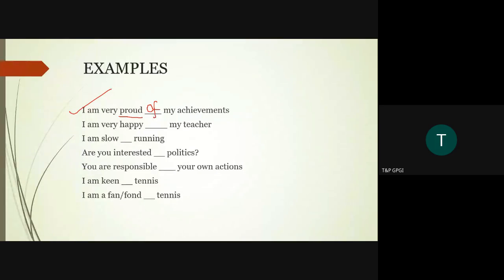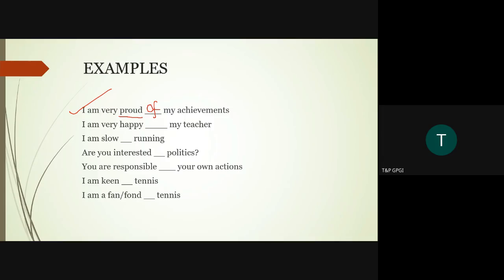So "of" is a preposition, whereas afraid is an adjective. Another example I can give you is, you all are capable of speaking English. Of course, I know you all are. So that's how you can use "of" as a preposition in a sentence before an adjective.